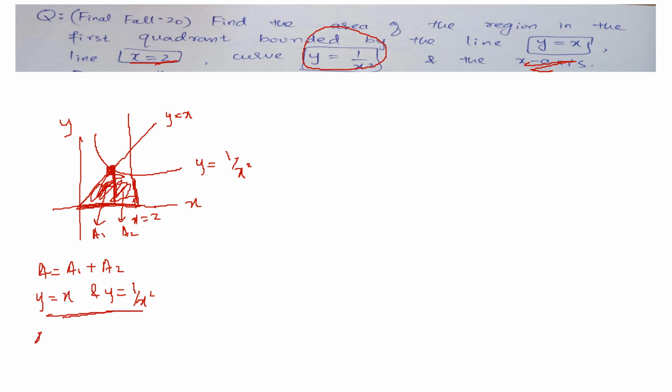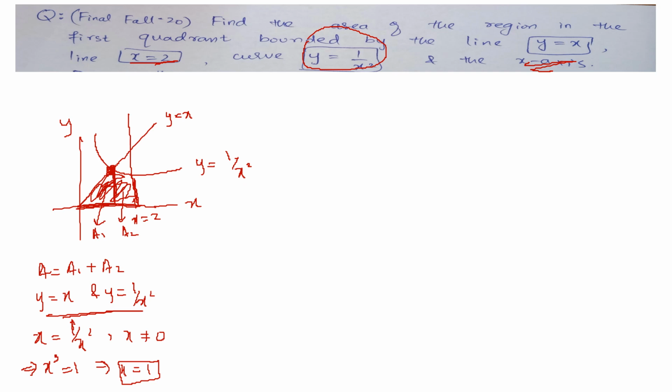So let's put x equals 1 over x squared, and here x cannot be equal to 0 since x squared is in the denominator. When we cross multiply these terms, we get x cubed equals 1, which gives us x equals 1 as the point of intersection for these two curves.